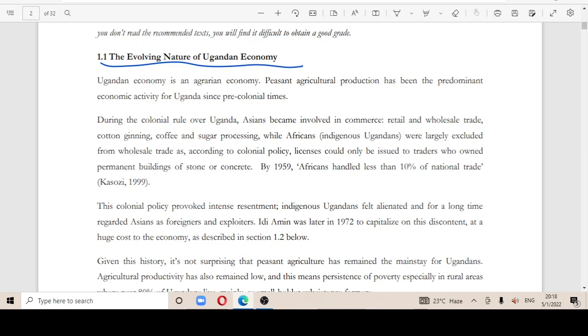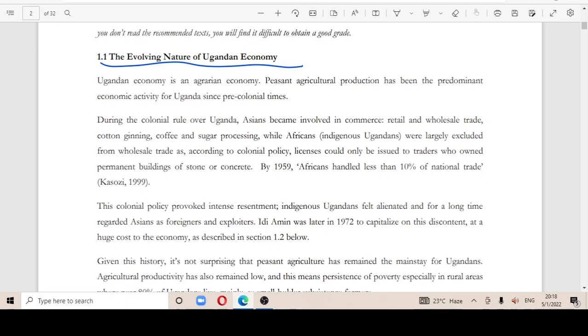That is what I told you to note, that the pre-colonial times get to look at Uganda's economy as being an agrarian economy, meaning that they are based on agriculture, and this agriculture was mostly on a low scale, because the indigenous Ugandans carried out more of subsistence farming.